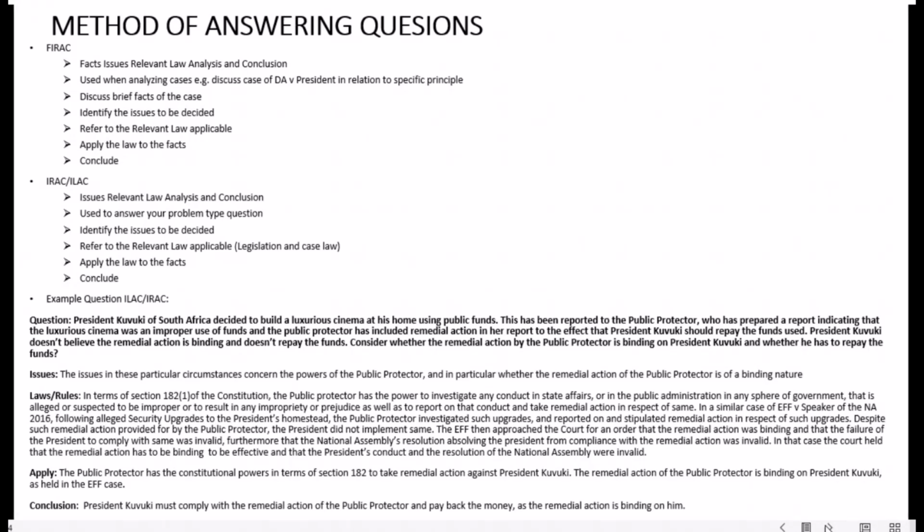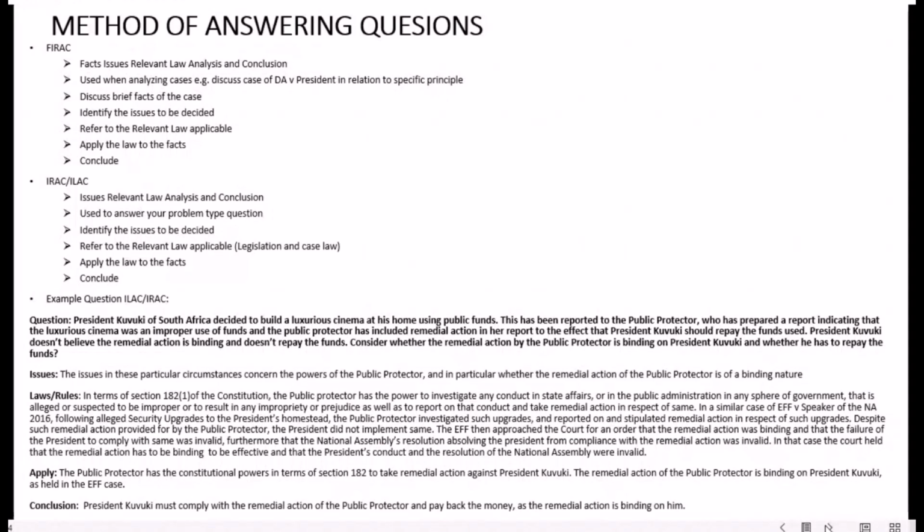Then you will identify the issues to be decided. What is the question here? For example, the doctrine of separation of powers and how it is applied in South Africa. That can be an issue. Or how does it apply in South Africa? Those are the issues that can be identified. Then you will refer to the relevant law applicable. For constitutional law, obviously, for all these cases, they will refer to provisions of the Constitution.